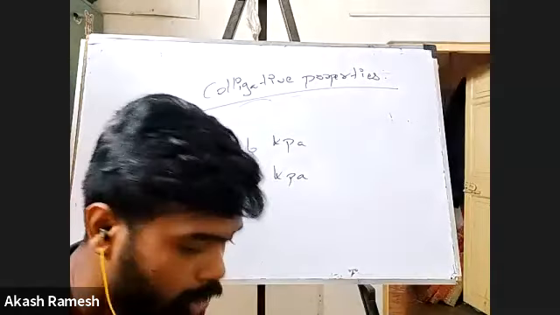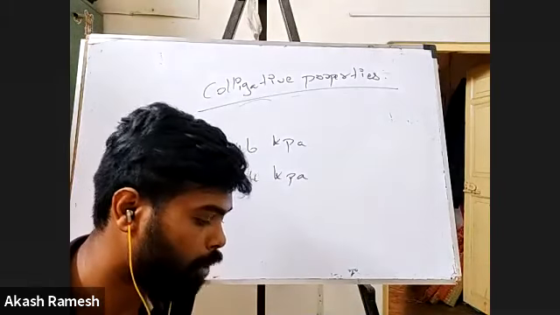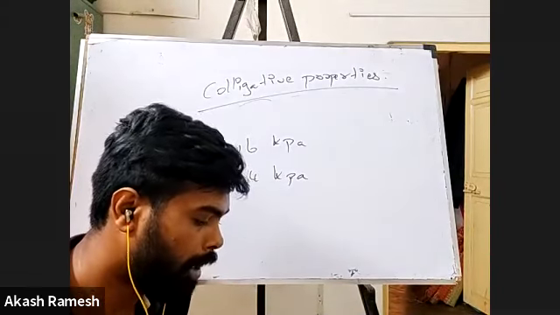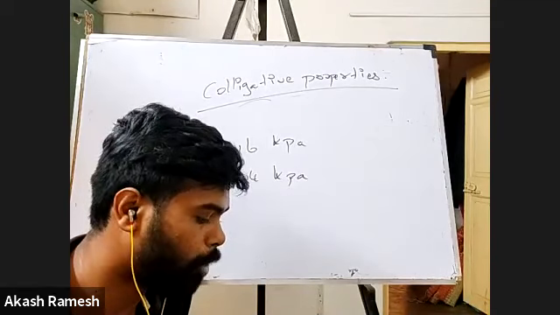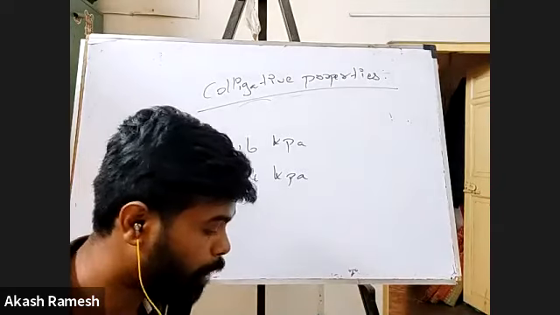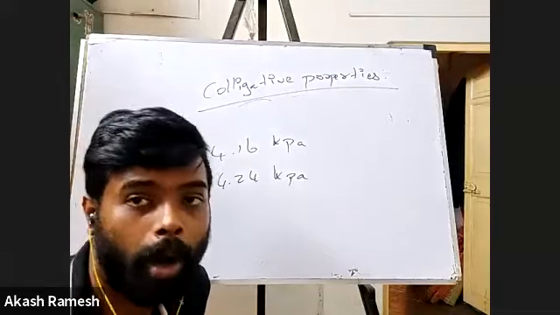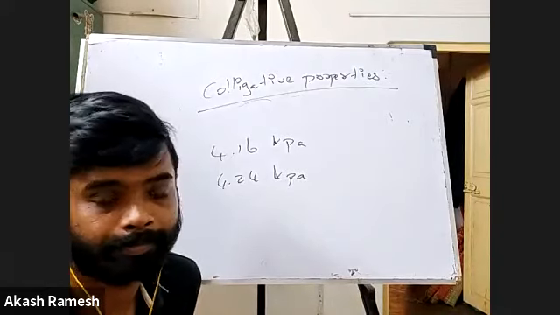If I have to repeat the question: 5 grams of a compound was dissolved in 100 grams of water. The vapor pressure of the solution is 4.16 kilopascal, and the vapor pressure of pure water is 4.24 kilopascal. What is the molecular mass of the compound?